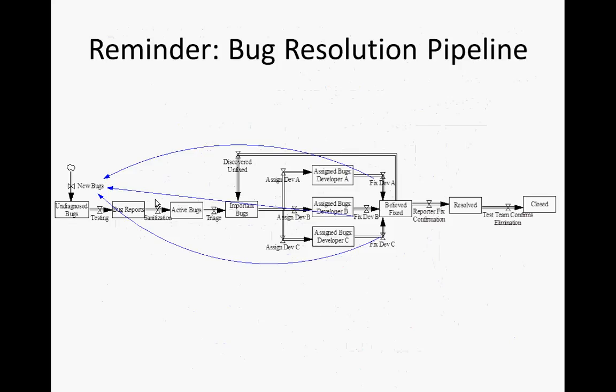We could characterize the life cycle of defects in this quite articulated way if we wanted to, and we could estimate the number of bugs flowing along here.